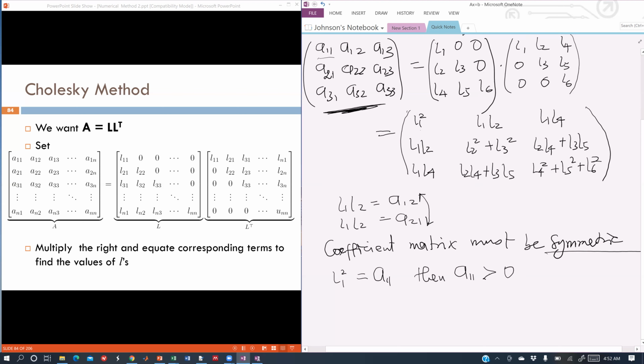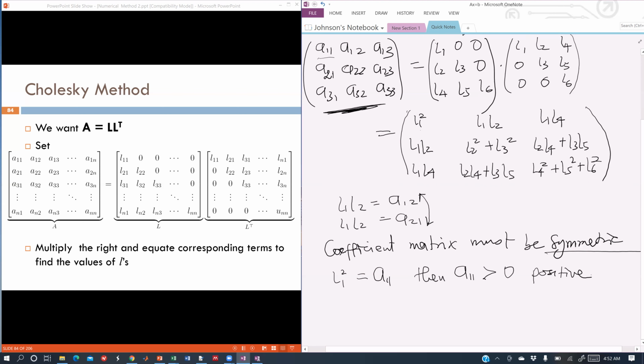Or of course, in real terms, if it is equal to 0, there will be an answer to L11. So A11 must be positive.